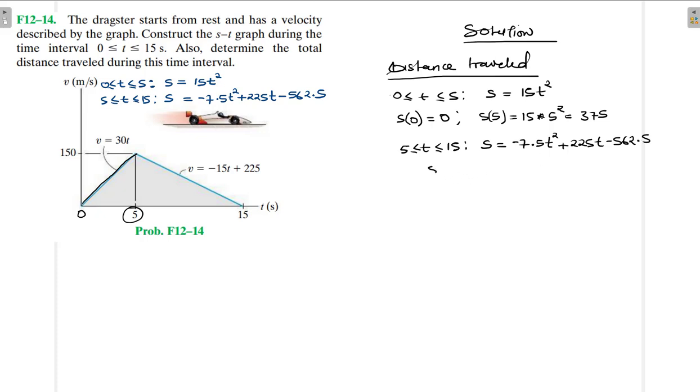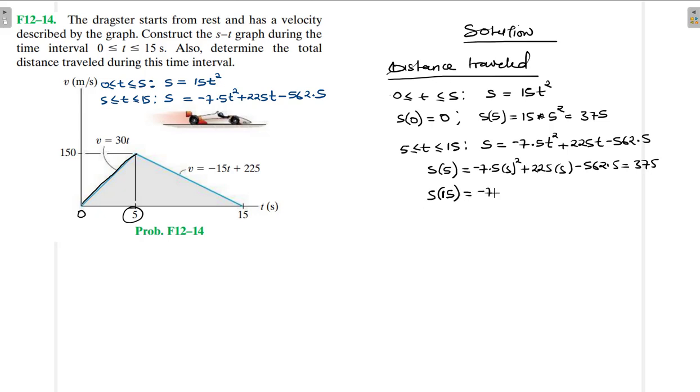So we know that s of 5, minus 7.5 by 5 squared plus 225 by 5 minus 562.5 gives us 375. We did this, right? Remember, we did this and it gave us that value 375.